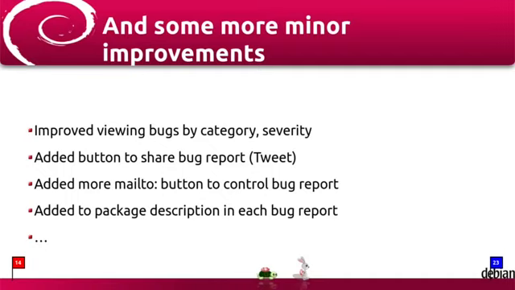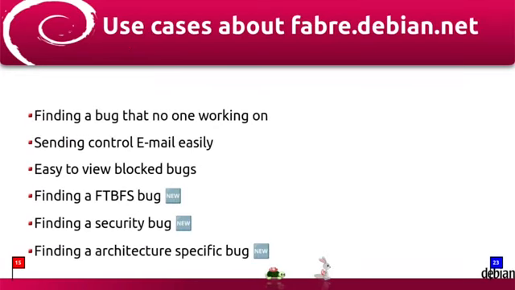The last topic is some more improvements since last year. But they are minor ones, so I'll show you useful use cases instead. There are 6 use cases to show you.